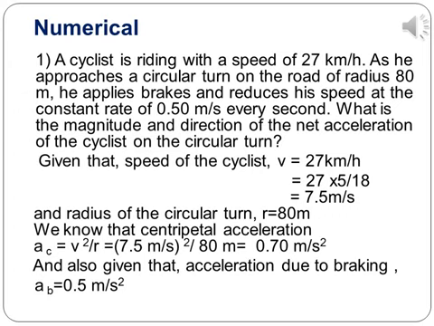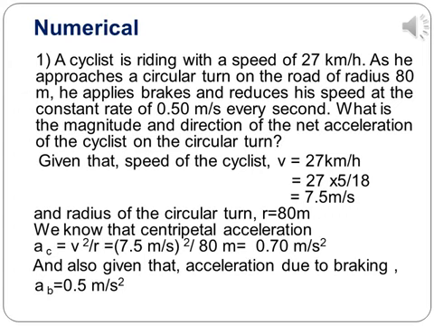Solution is, given that speed of the cyclist v is equal to 27 km per hour, you know that 1 km per hour is equal to 5 by 18. Then it will be equal to 27 into 5 by 18 is equal to 7.5 meter per second. And radius of the circular turn r is equal to 80 meter.